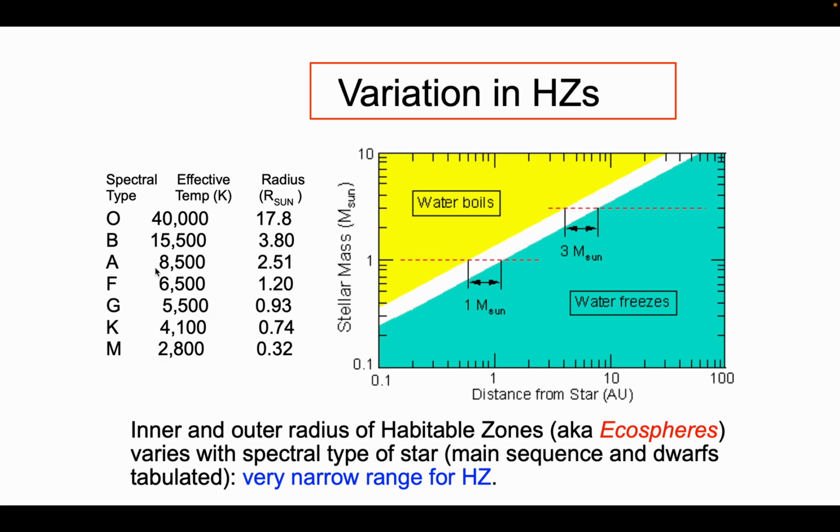So here are the different stellar types. You can see the OBFGKM, and they have different temperatures. If we consider their radius also, we can see that the inner and outer radius of the habitable zone, known as the ecosphere, varies with the spectral type of stars.